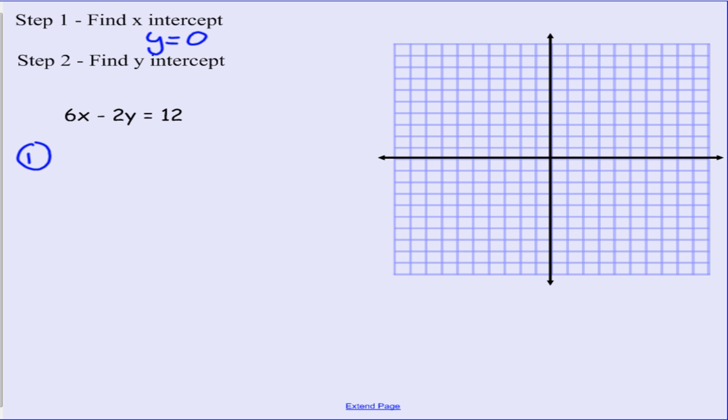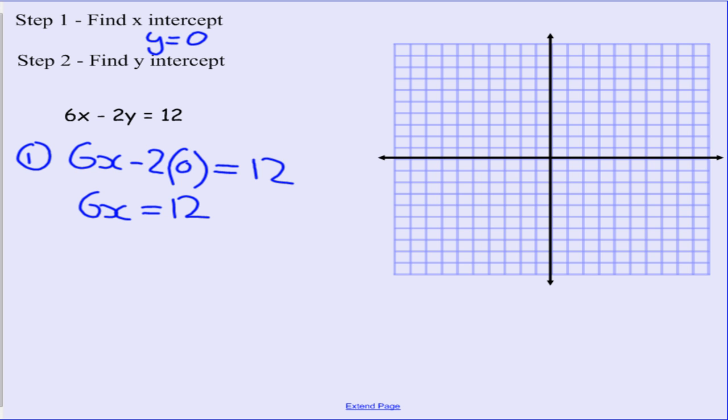So we will have 6x minus 2, which is multiplied by the 0, and that all equals 12. 6x remains 6x minus 2 times nothing, which is nothing, and that equals 12. If we want to get rid of the 6 attached to the x, we need to move it to the other side, do the opposite operation, which means we have x equals 12 divided by 6, which gives us 2.